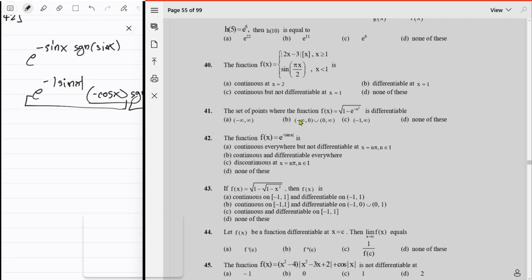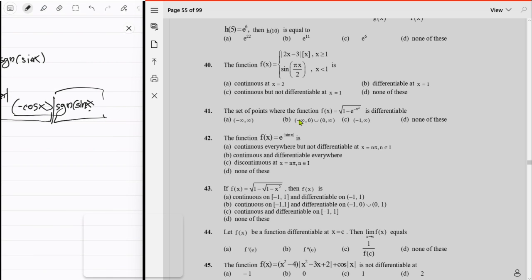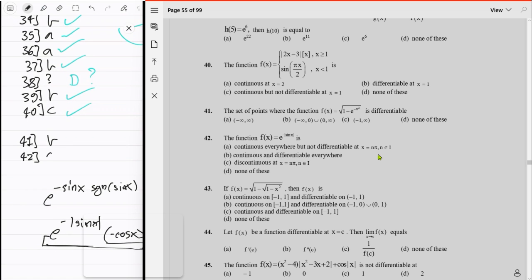But the thing is it's not 0. Similarly, this thing is not 0 because e power 0 is just 1, right? So yeah, it's actually changing from negative 1 to positive 1. So the limit does not exist, which means it's not differentiable wherever sin x is 0, that is at n pi. So it is continuous everywhere, but not differentiable at x equal to n pi, n belonging to integers. Yeah, that makes sense. Next question.